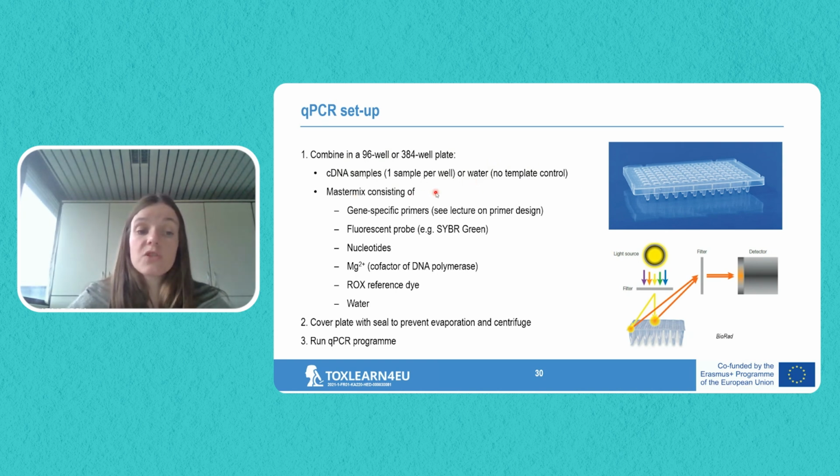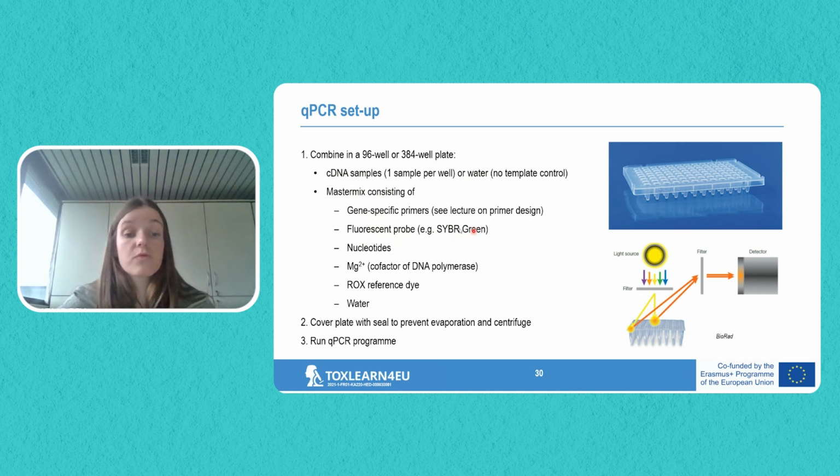Well, that's a master mix, and this master mix consists of different components. First one are gene-specific primers. So you need a forward and a reverse primer, which will be able to amplify the specific product that you're interested in. So these will be specific for your gene of interest. You will also add a fluorescent probe, for example, SYBR Green.